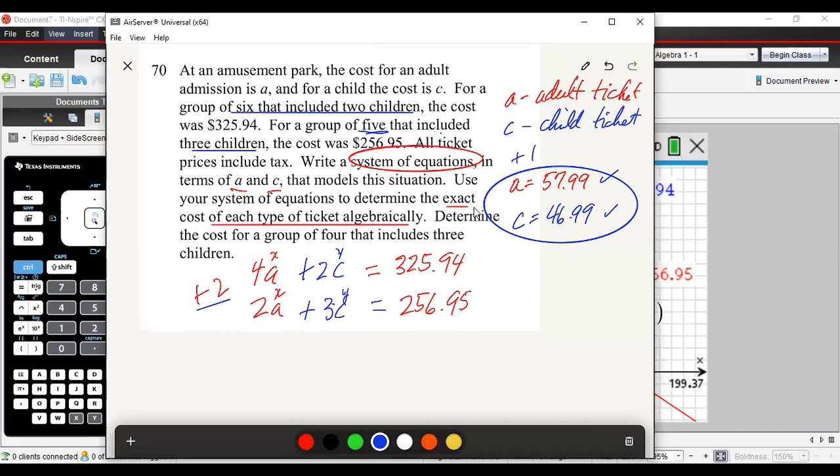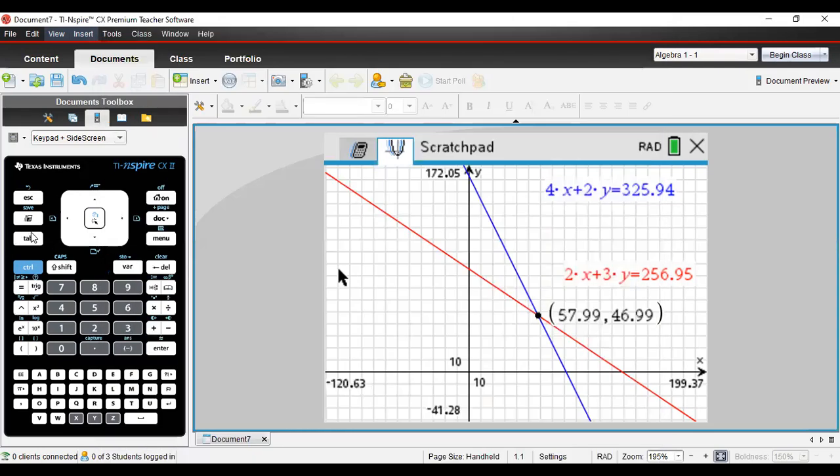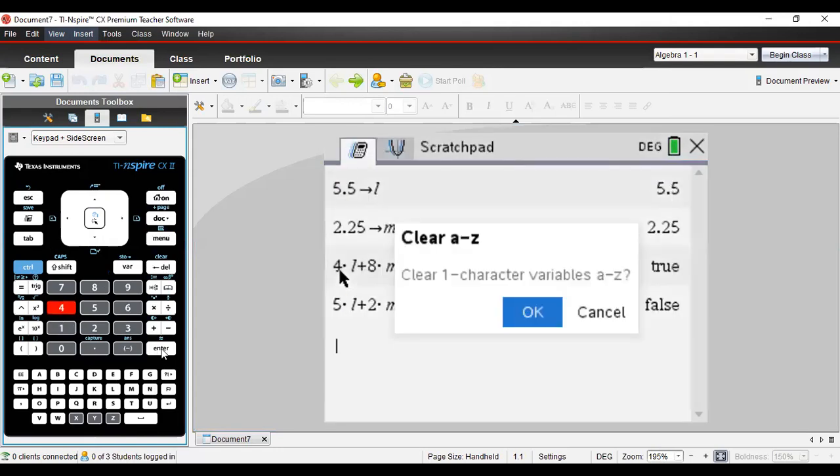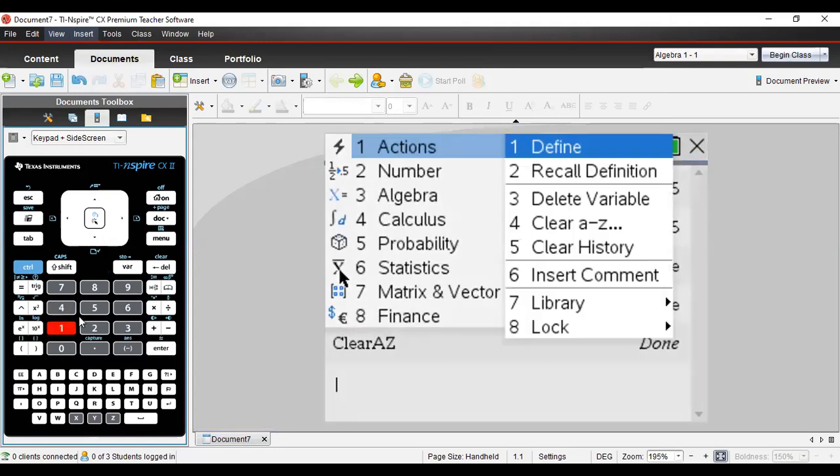Now, the last part, it says determine the cost for a group of 4 that includes 3 children. So we're going to have 1 adult plus 3 children, and we're trying to figure out the price. So all we have to do is go to the calculator. Menu 14, menu 15.